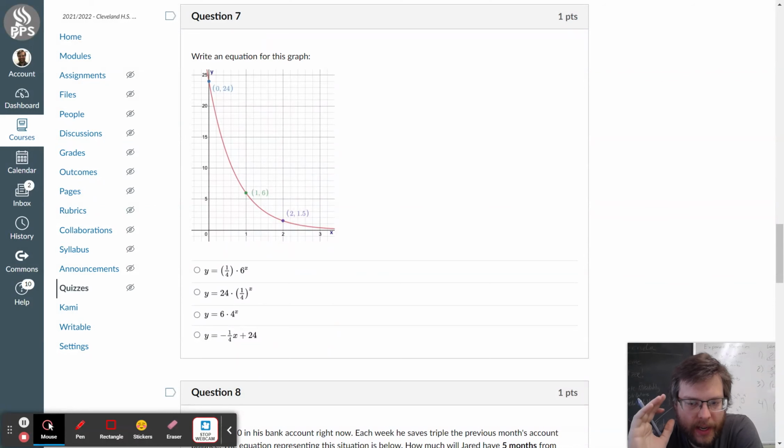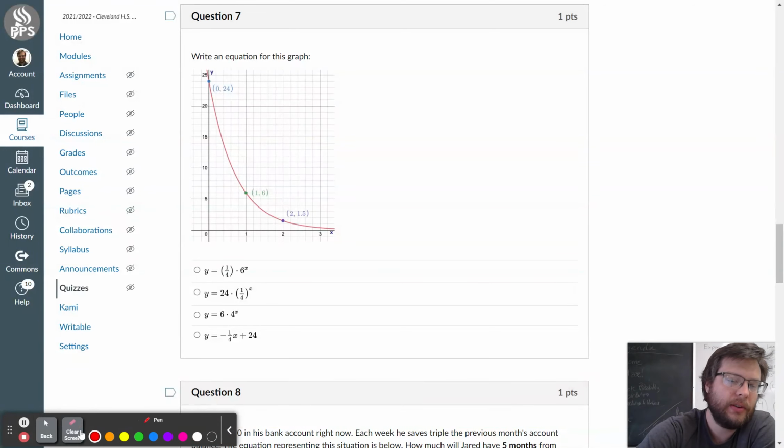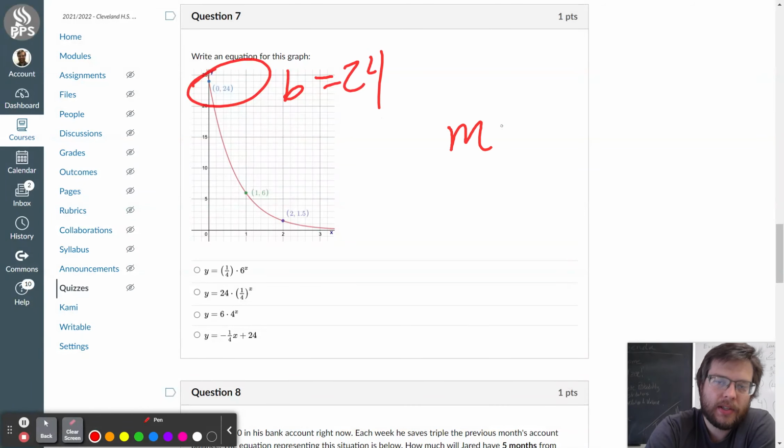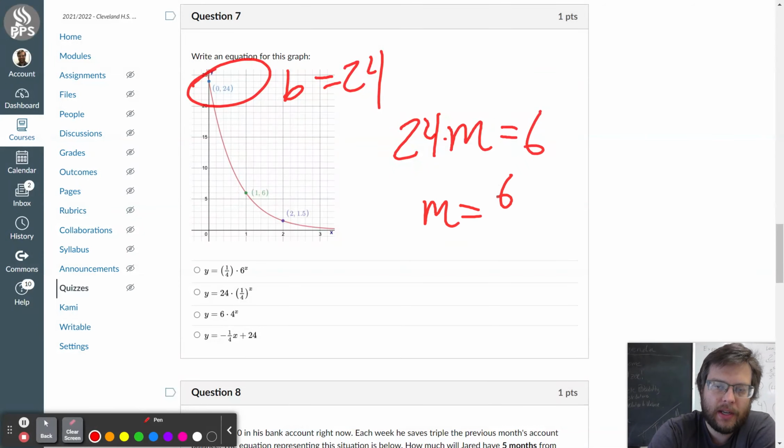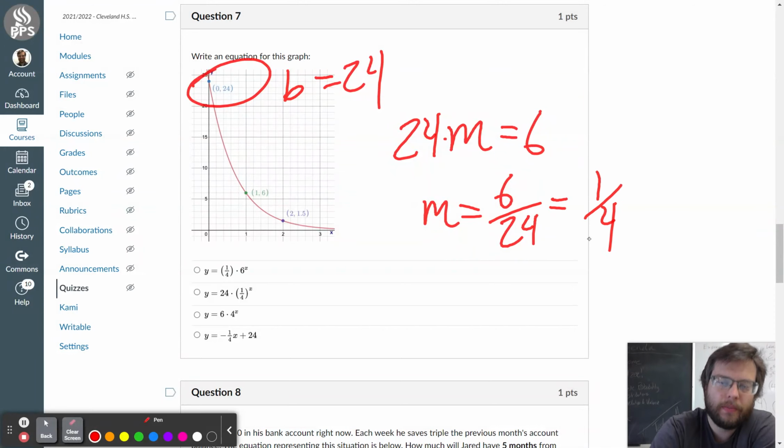Now, what did I just say about finding an equation? You need to identify the y-intercept, and that's the number that matches with x equals 0. So when I look at this graph right here, this is my b, and then my m is however I can get from 24 to 6. You know that 24 multiplied by your m is 6. And so your m is 6 divided by 24, which is 1/4.